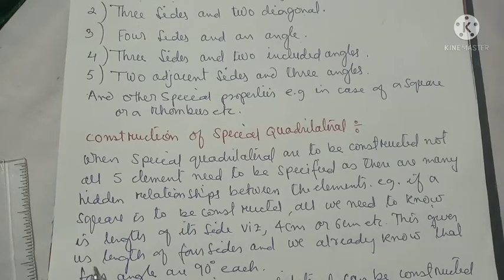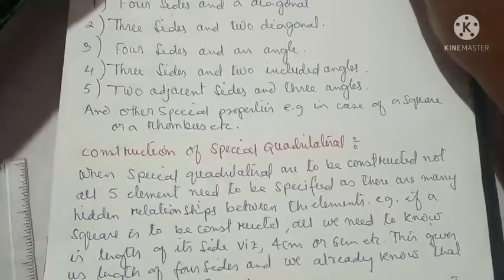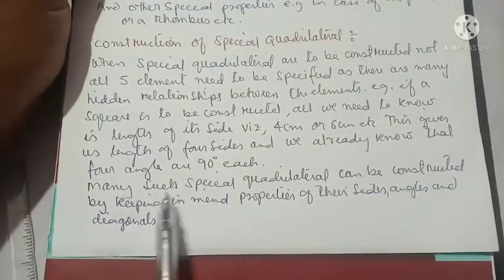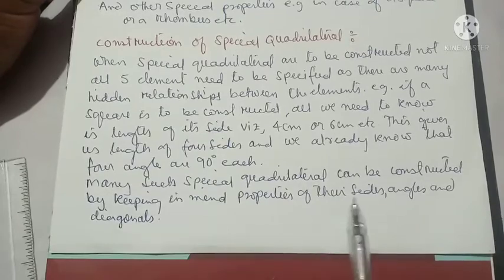This is given as the length of the 4 sides, and we already know that the 4 angles are 90 degrees.